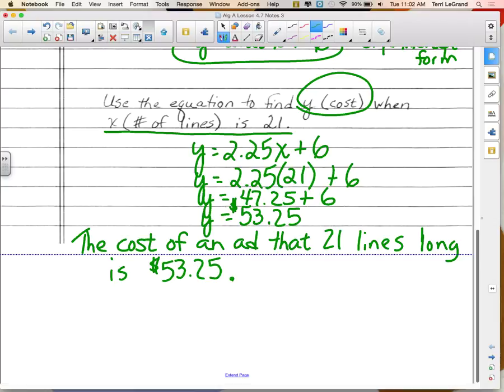That's the cost of an ad, that is, and then it's also good to make sense, that is 21 lines long, is $53.25. Okay, so we're going to end what they ask us to use our equation to find something. Our final answer will be in a sentence today, okay? Anybody got questions about that one?